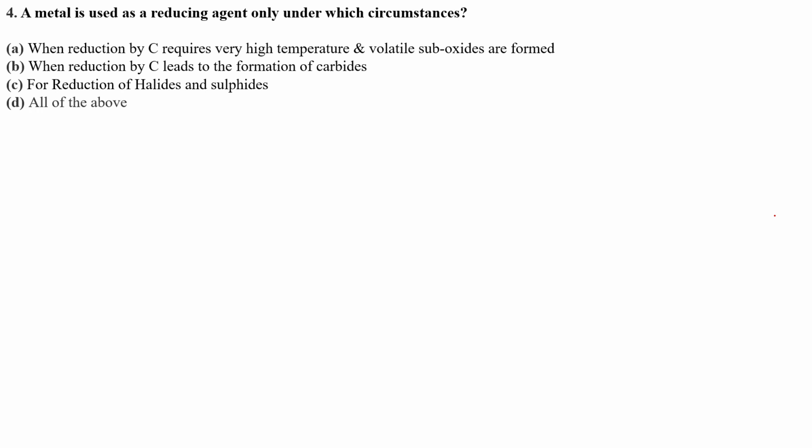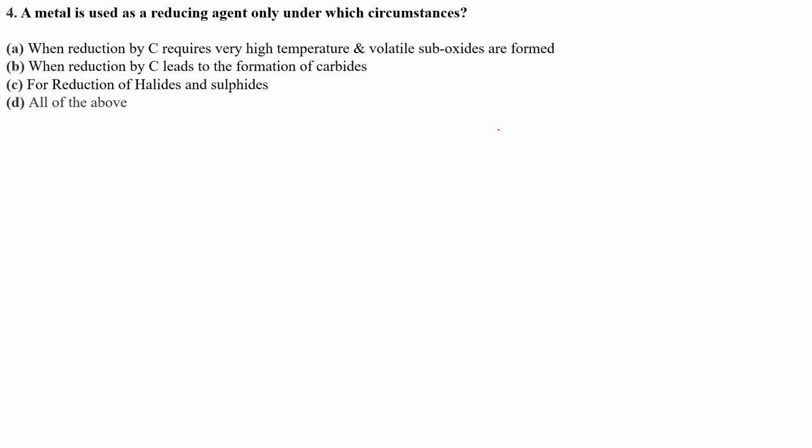For example, aluminium oxide, Al2O3, can get reduced with the help of carbon, but the temperature requirement is around 2200 to 2300 degrees Celsius, which requires a very high amount of energy, and it will not be economically feasible to produce aluminium metal with the help of carbon.